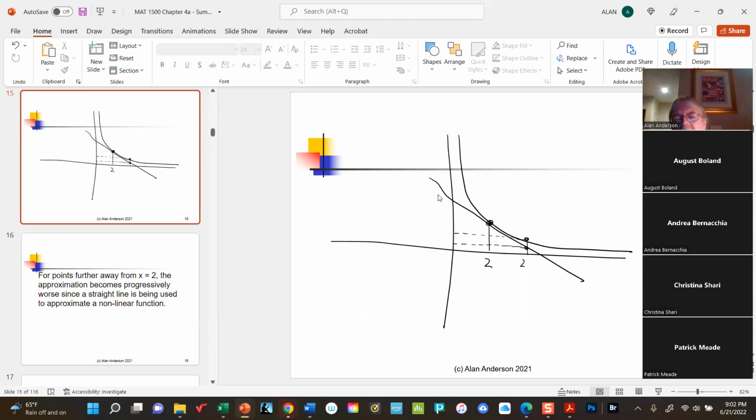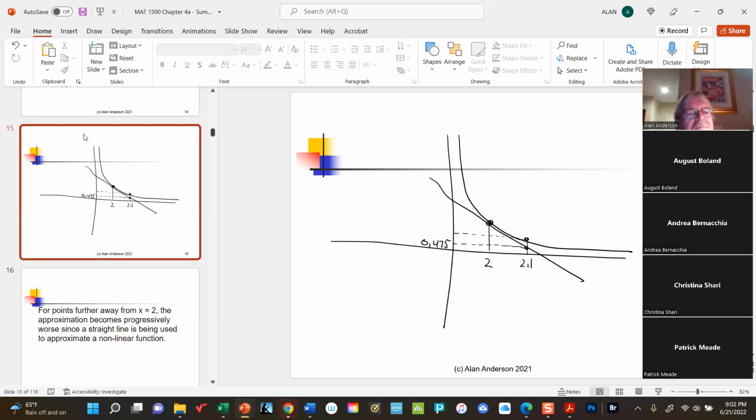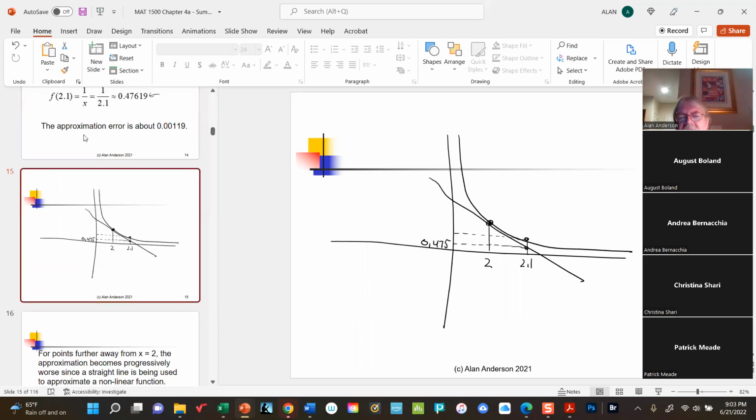This is 2.1. We just saw that the tangent gives us an approximation of 0.475. The actual value was something like 0.476. So you can see the approximation isn't too bad.